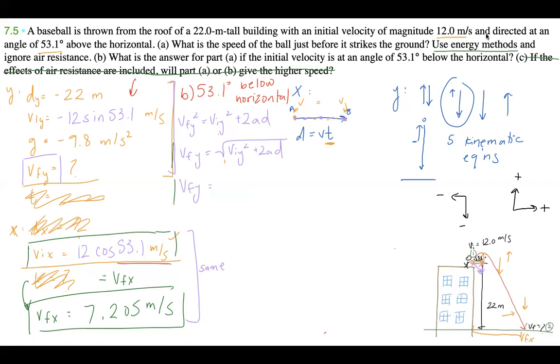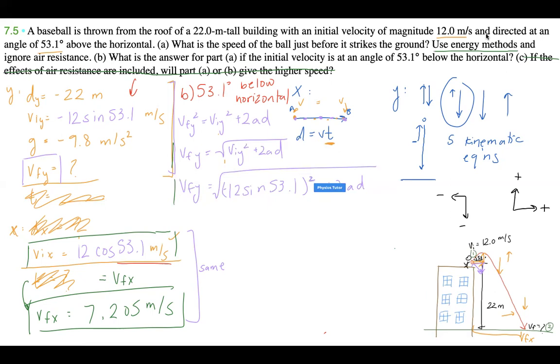Let's plug in our values. So now I'm going to take a shortcut and you can go ahead and do it the long way. But remember how earlier here we put positive 12 sine 53.1. And now we're putting minus 12 sine 53.1. Now, the beauty of this equation is that it's squared, right? VIY is squared.